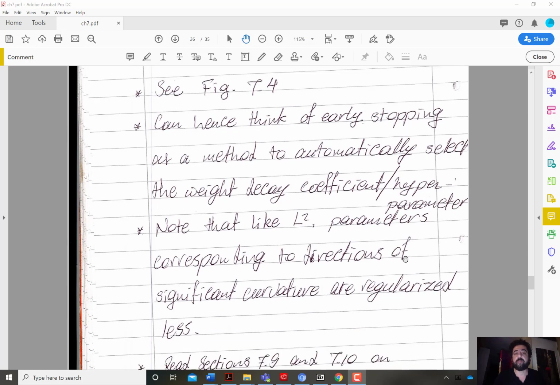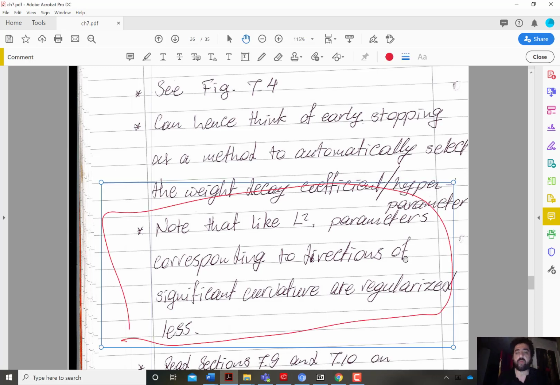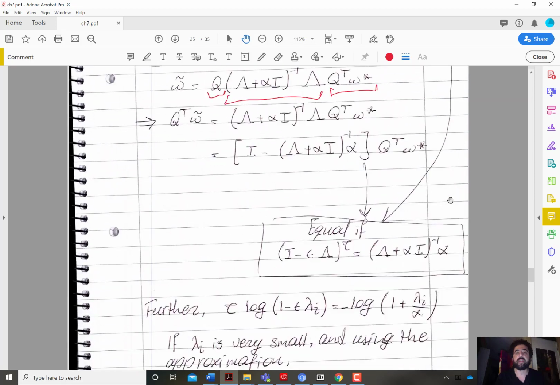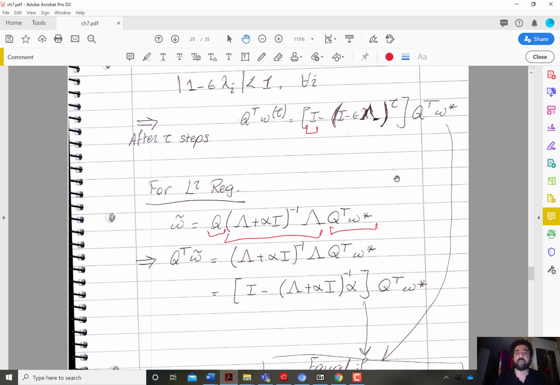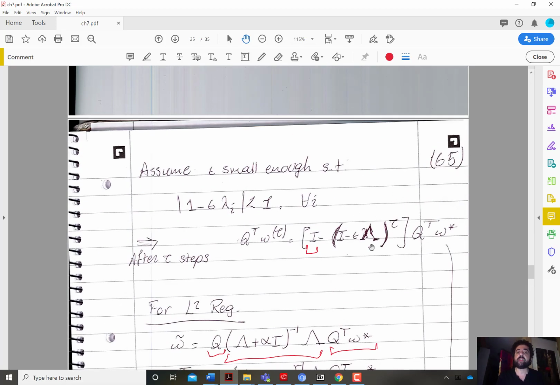So, as a final note before we finalize, remember that like L2, here also the parameters corresponding to directions of significant curvature are regularized less. Why is that true? Because if you look here, the parameters where the cost function is very sensitive to changes will have a large lambda i.